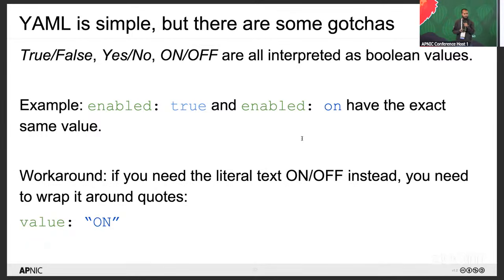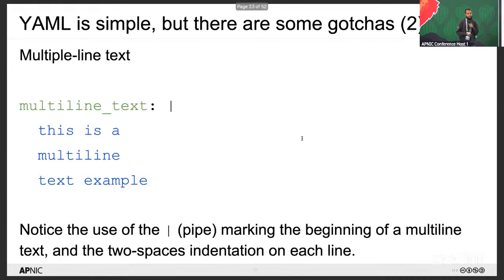So the recommendation is, if you have strings, always use quotes. That would be the safest way. If you have multi-line text, you use the pipe and then go to the next line and follow 2-space indentation and continue with your multiple lines, and that will be multi-line text.